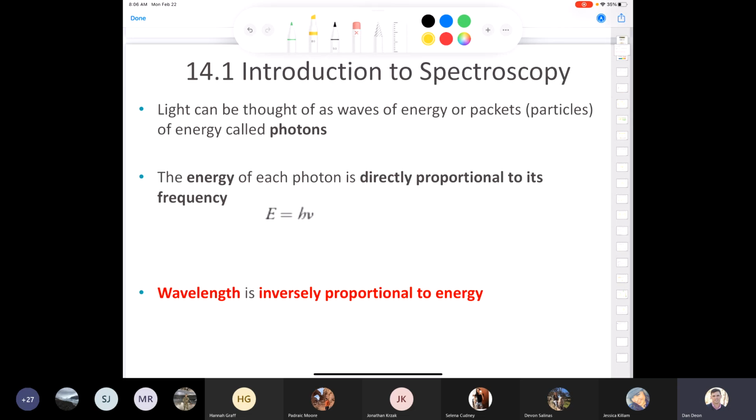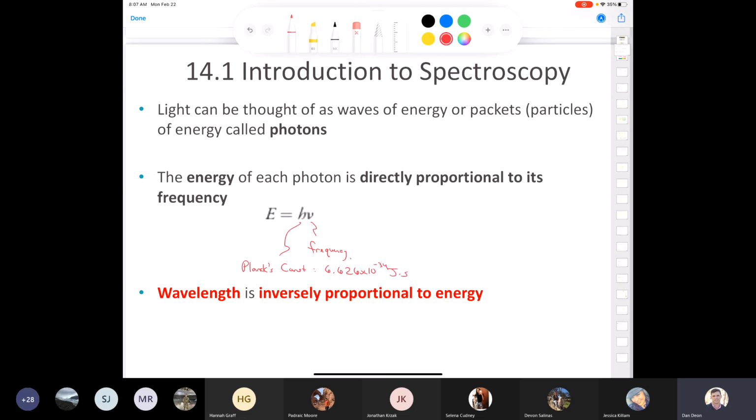The energy of each photon is directly proportional to its frequency. And you see the formula here that E is equal to h times nu. Remember that nu, and I'm just reviewing here, is frequency, and h, you should remember, is Planck's constant, which is 6.626 times 10 to the negative 34 joules times seconds.